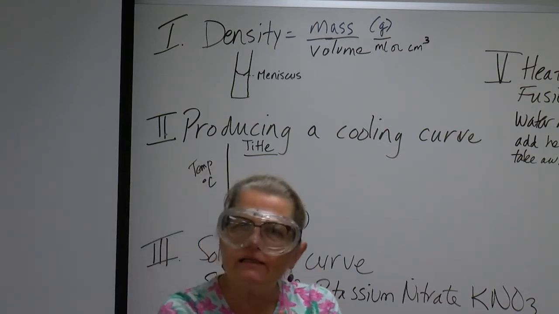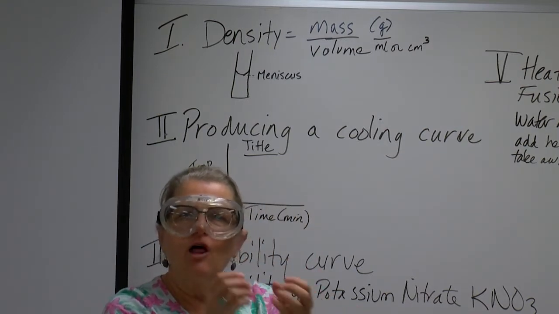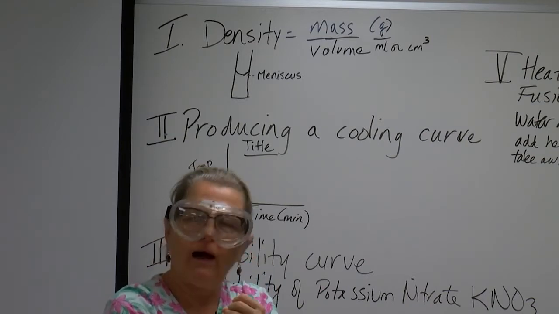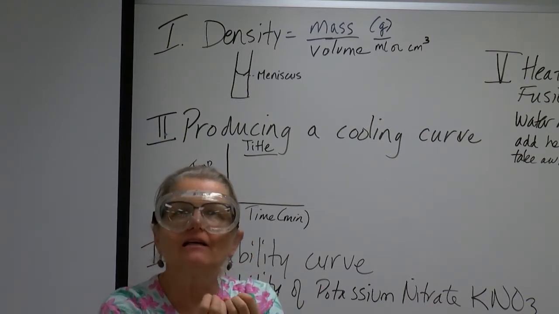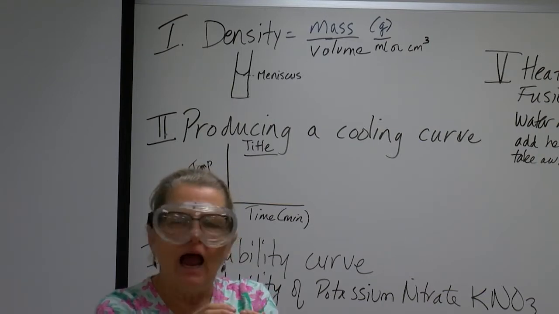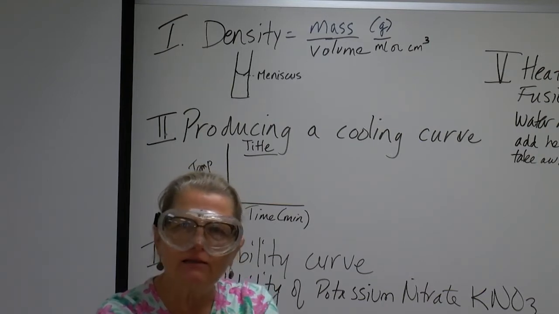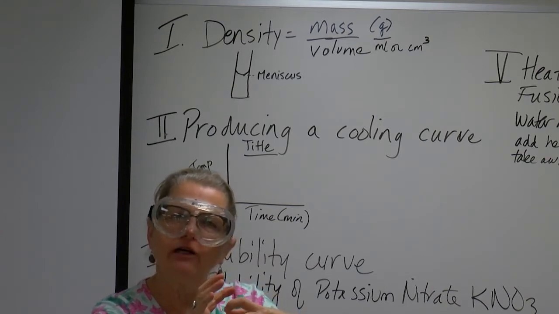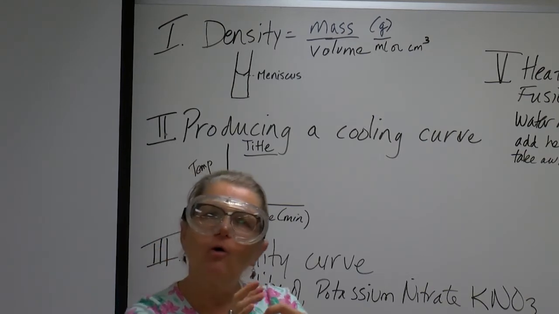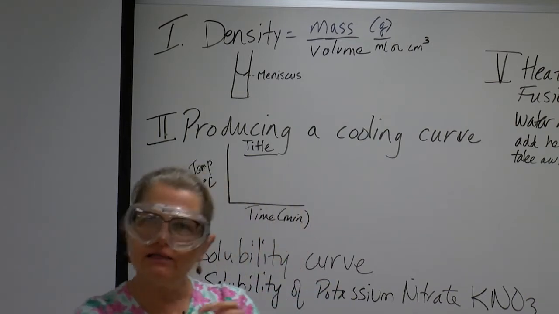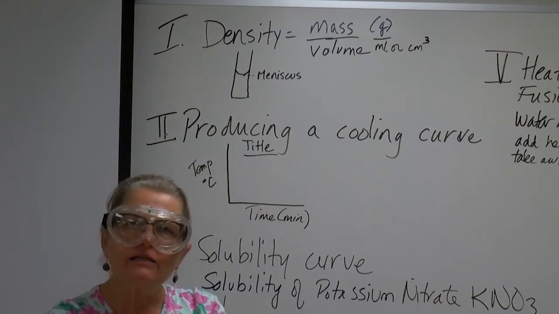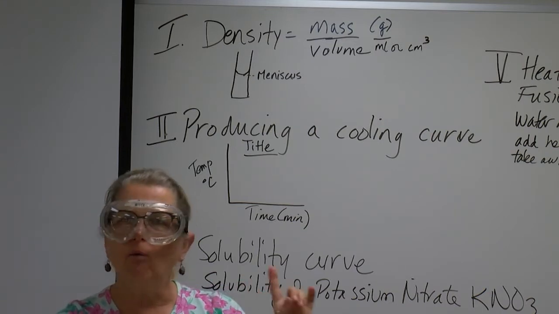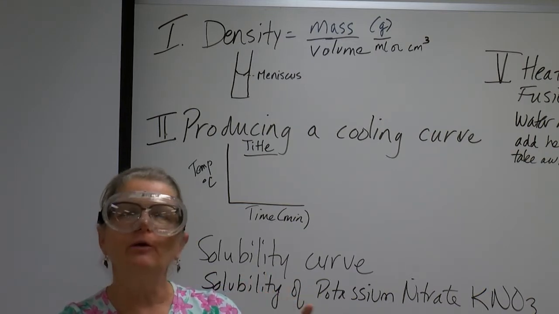When water freezes, the H2O part, the 2 hydrogens and 1 oxygen, still have the same mass and are still the same size. But now they're arranged in a different configuration, and so there's a different density of ice versus liquid water.